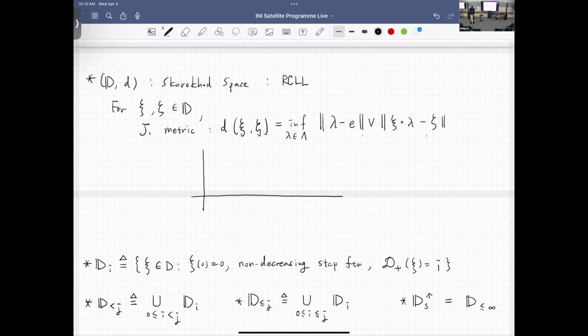Yeah, I guess you all are familiar. And for the metric there, there are a few different popular metrics defined on the Skorokhod space or cadlag space. This is probably the most popular and probably the most useful one, the J1 topology. So this is the identity function, and these are the supremum norm.